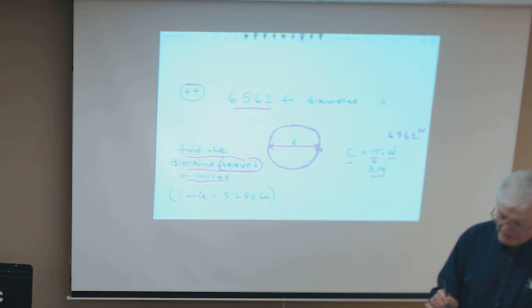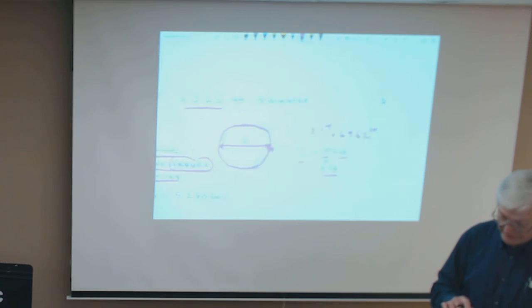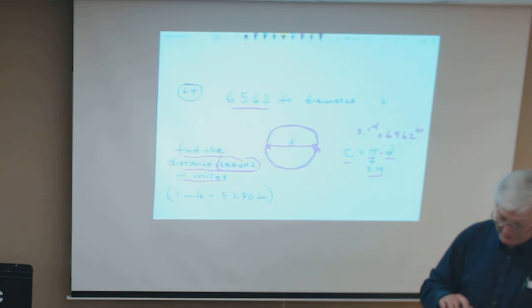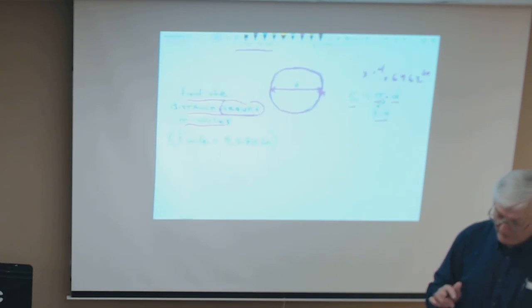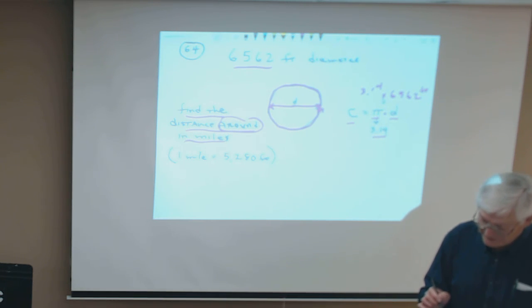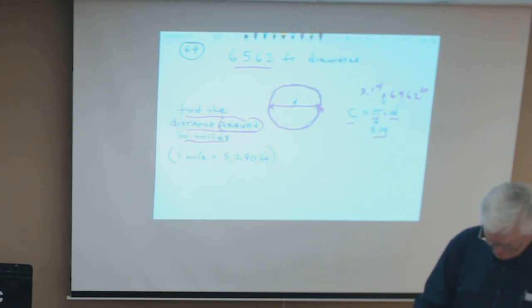And what's pi? 3.14. What's 3.14 times 6562?